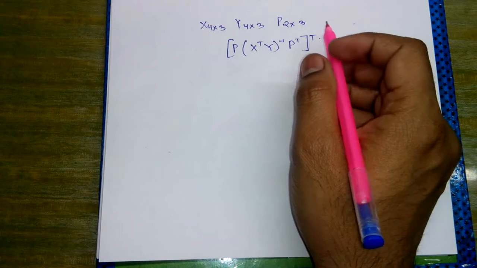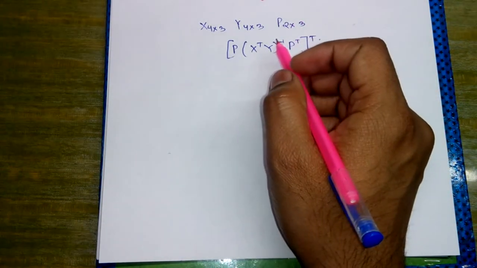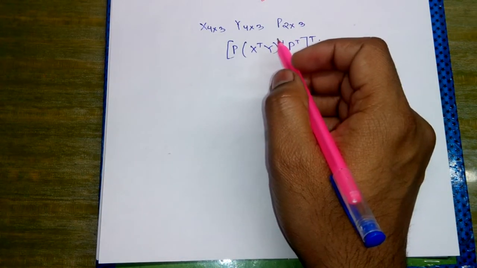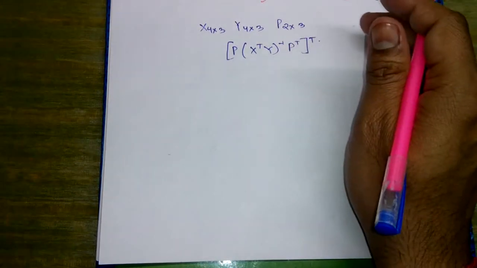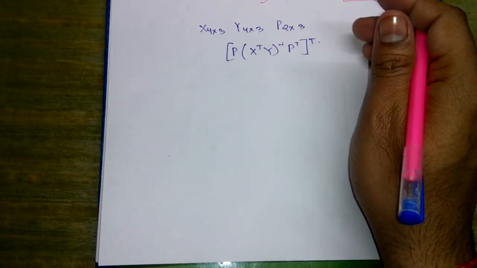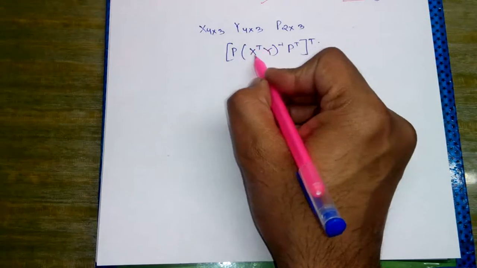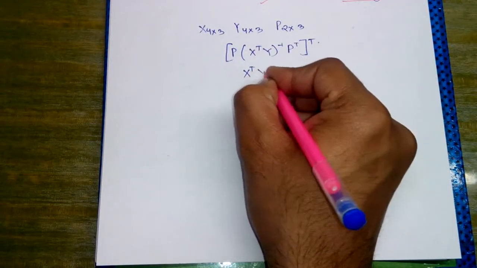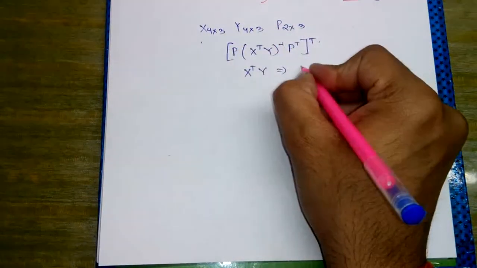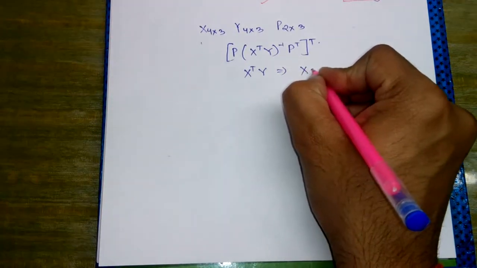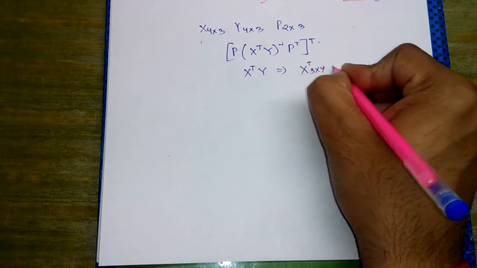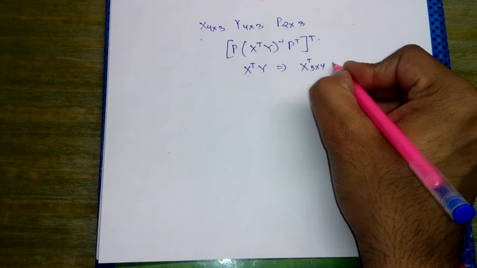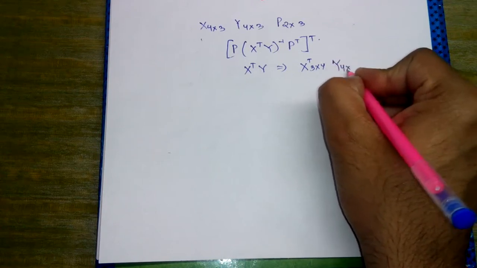Now we know that two matrices can be multiplied only when the condition is satisfied, which I already told you in the previous lecture. First we will find the bracket one, X transpose into Y. So X transpose would be 3 cross 4 and Y is 4 cross 3.